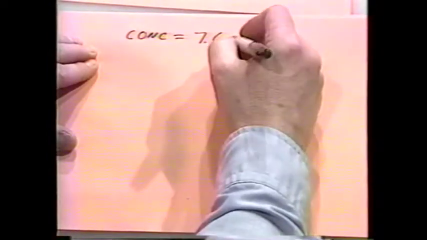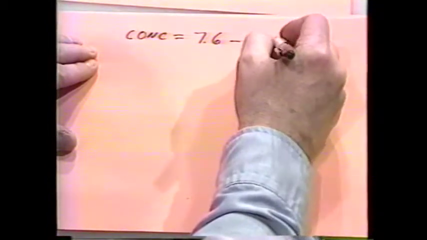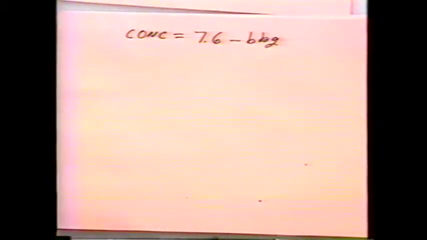Now, how do we deal with that? Well, what I'm going to do here is just repeat what I've got on that first page and write down the concentration. This is what we just had, 7.6 minus the background. Now, how do we determine the background? If you will recall, depending on the chamber type that you're using, and the manufacturer will tell you which one you have, you're going to subtract off a certain amount for the gamma radiation that exists.